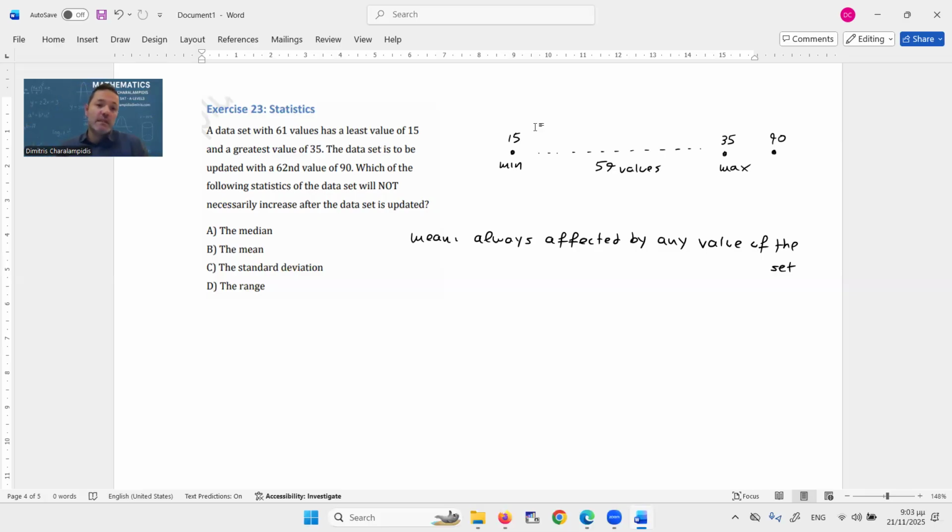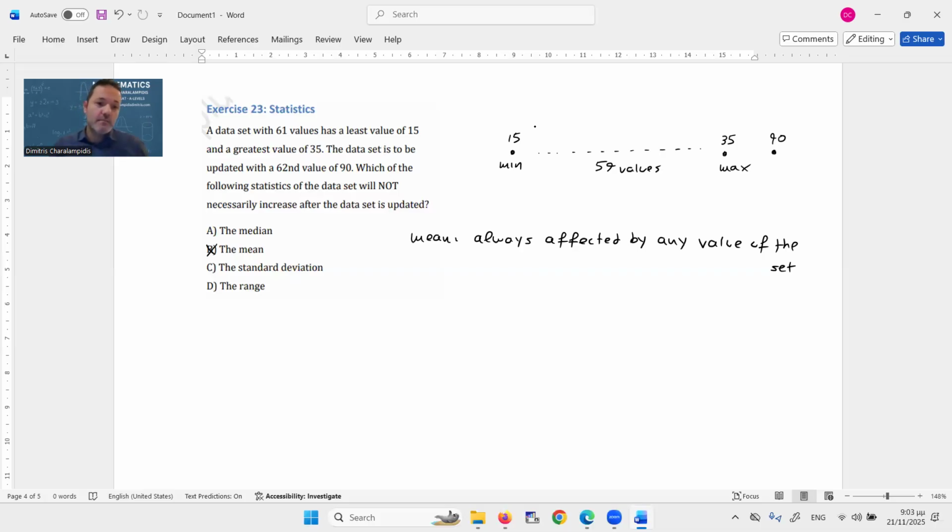If my summative is less than 80, the entire mean will adjust to something smaller. So now I brought a value which is greater than every single one of the previous ones. So the mean will definitely not just change, but it will increase. So we were looking for the one that not necessarily increase. The mean, on the other hand, will definitely increase, so it's not mean.